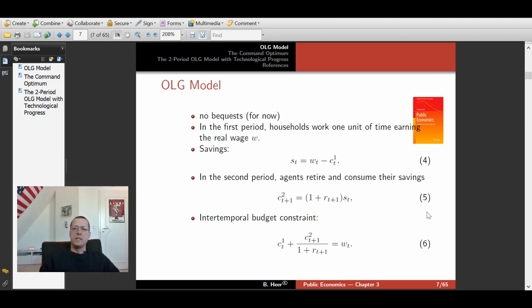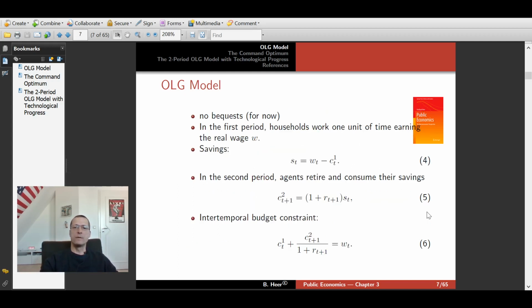And therefore, we can derive our intertemporal budget constraint by substituting equation 4 into equation 5, and we get that our present value of total consumption, C1 plus C2 over 1 plus R, is equal to total income, which is equal to our wage.